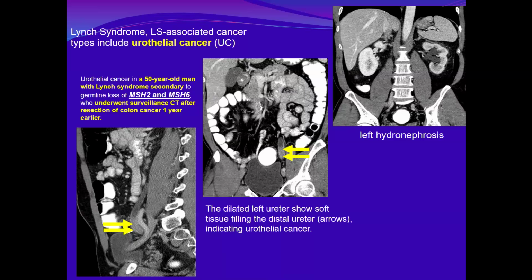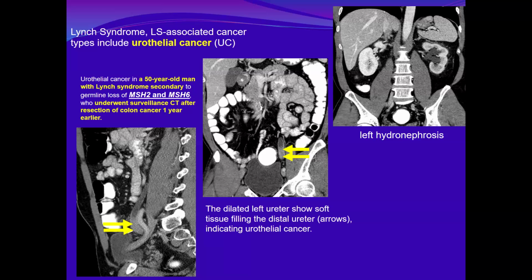urothelial cancer in Lynch syndrome patients: a 50-year-old man having germline loss in MSH2 and MSH6 underwent surveillance CT after resection of colon cancer 1 year earlier.